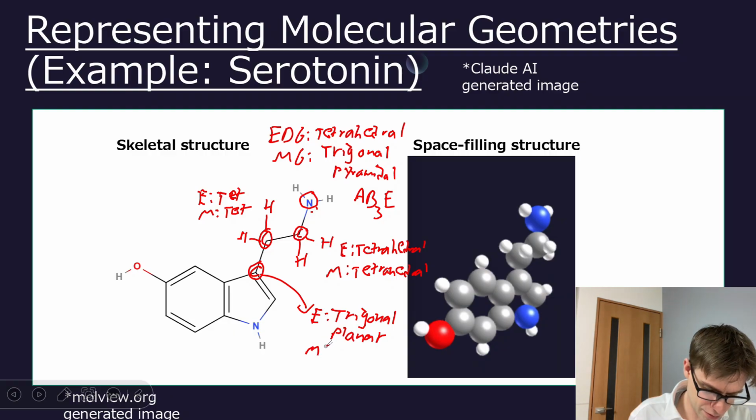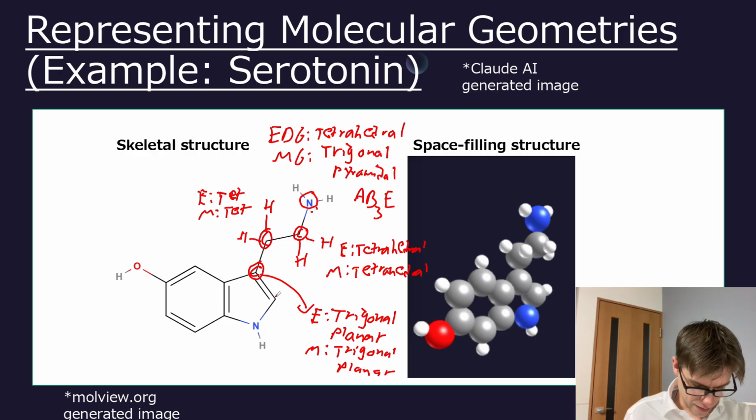And the molecular geometry is the same. There's no lone pairs on this. What about this carbon? It will be the same. It's got 3 bonding domains, AB3, so it will be the same.